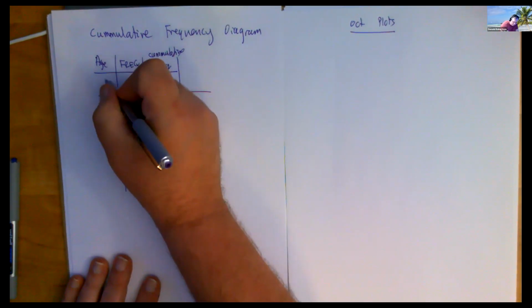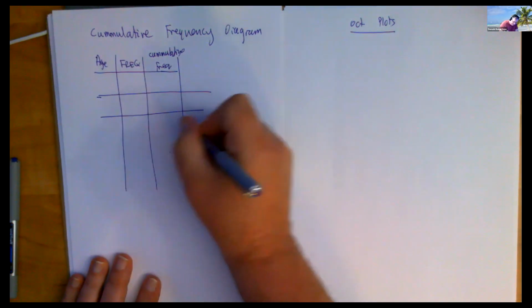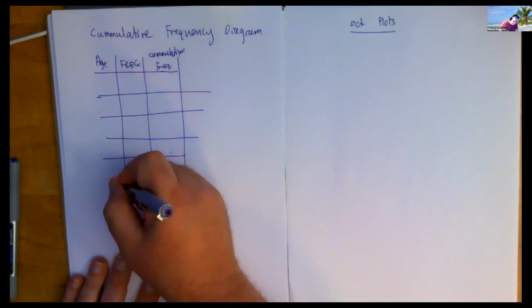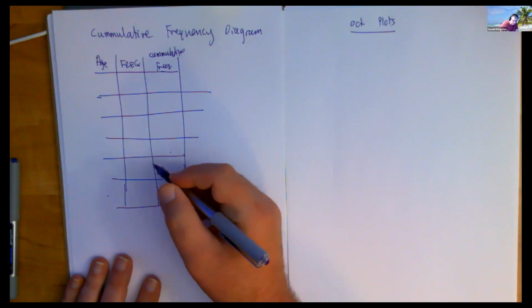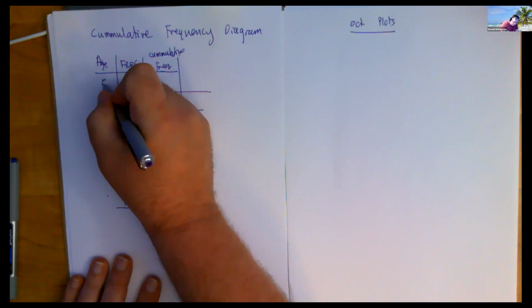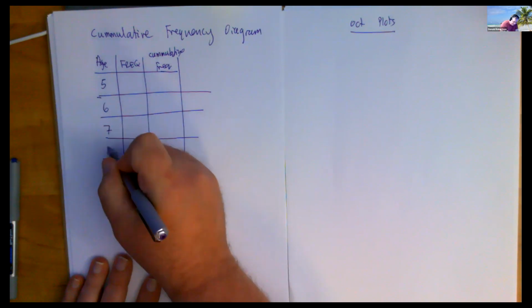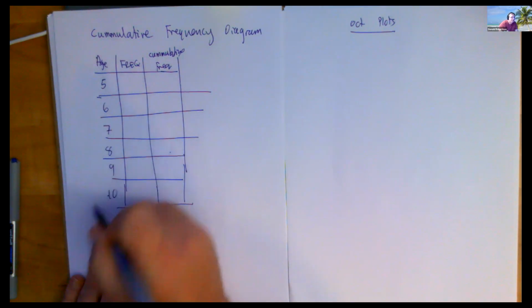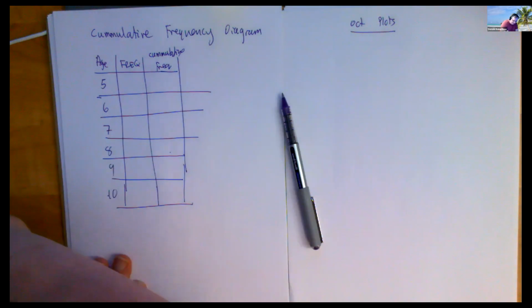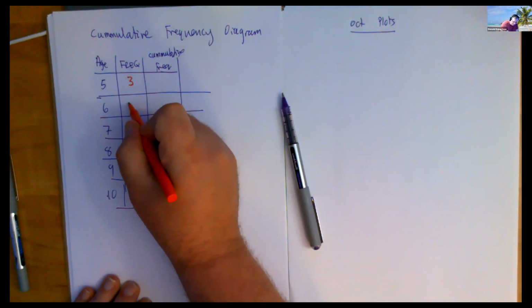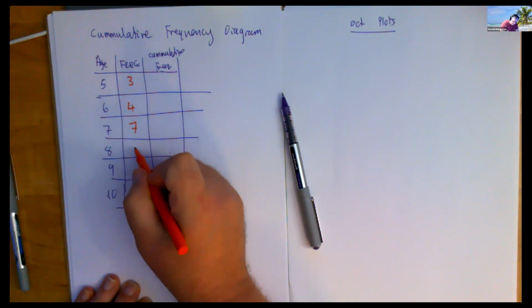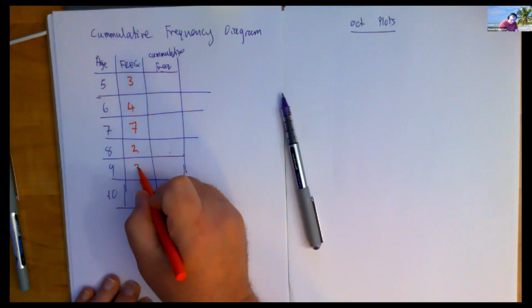Let's suppose that you went to some kind of children's club and you were looking at the ages of the various children. So there were 5-year-olds, 6-year-olds, 7, 8, 9, and 10-year-olds who went to this club. And the data that you got was there were 3 of these kids, there were 4 of them, there were 7 of them, there were 2 of them, there were 3 of them, and 1 of them, right?